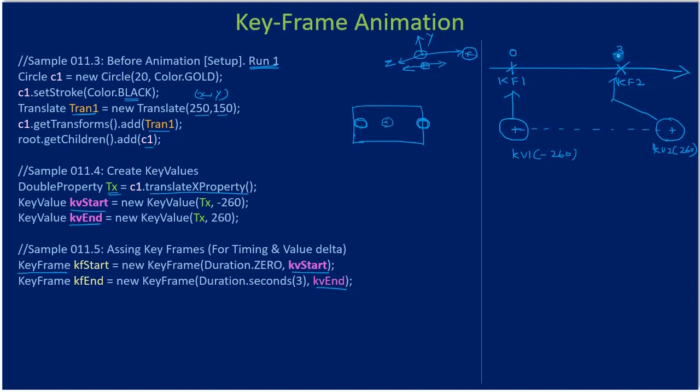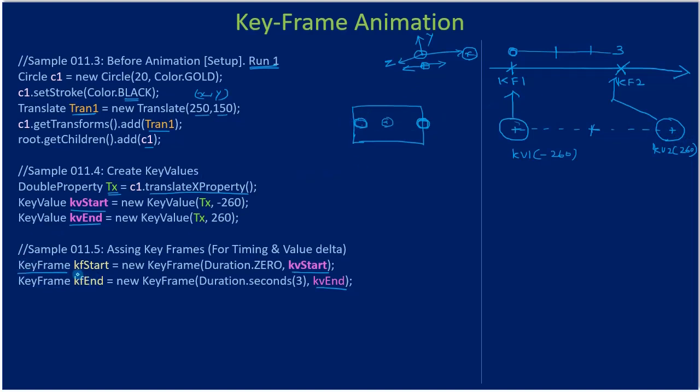The animation timeline is between 0 to 3 seconds. So this is 1 second and this is 2 seconds, and the animation will play for 3 seconds. And at 0 second, the circle should be at -260, and at the third second, it should be at 260 in the x direction, getting past 0 and reaching 260 on the other end, right? So that's what we defined.